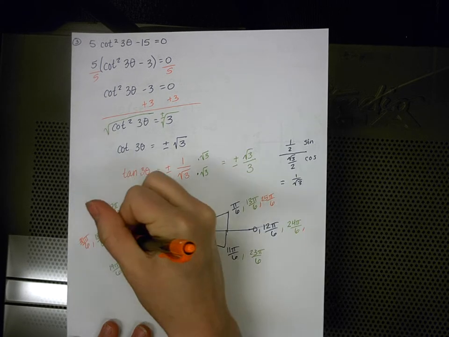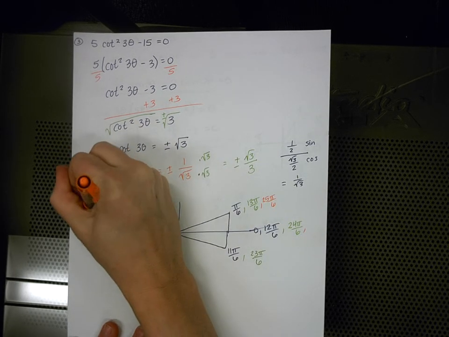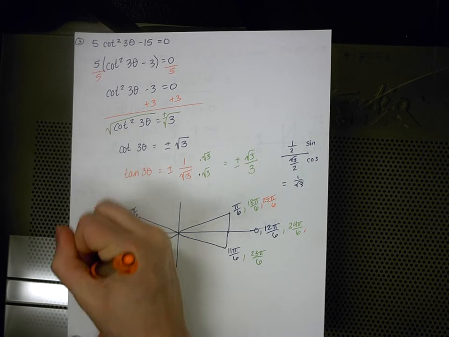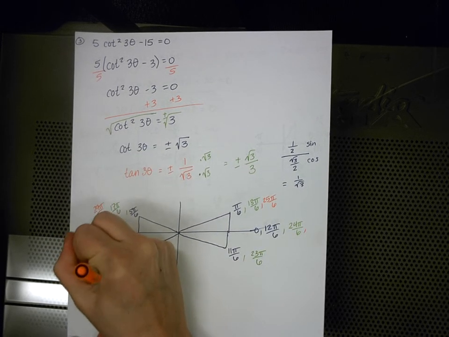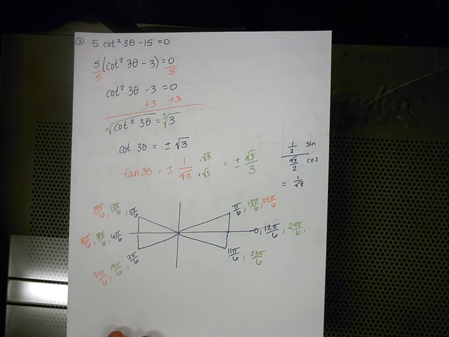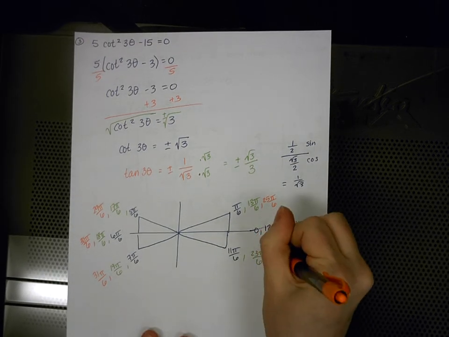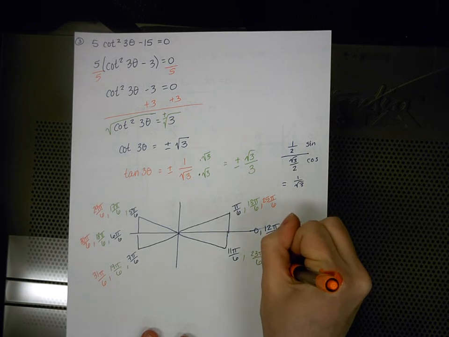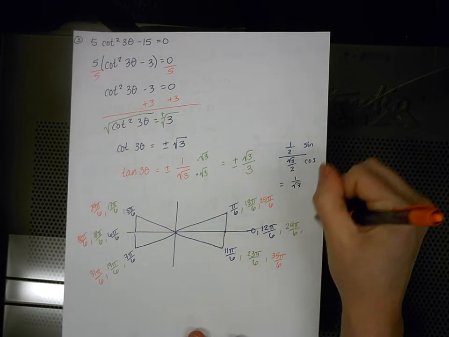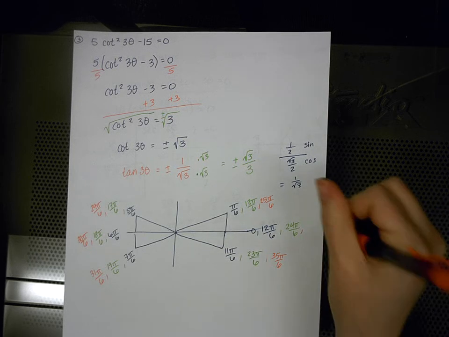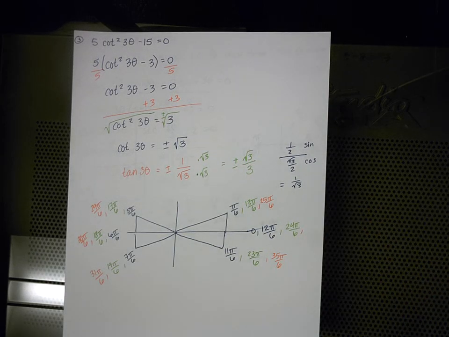This one would be 29 pi over 6 and 31 pi over 6. And our last one over here would be 35 pi over 6. If you want to reference the third full turn, you can. That would be 36 pi over 6. Okay, so we have a lot of answers here.